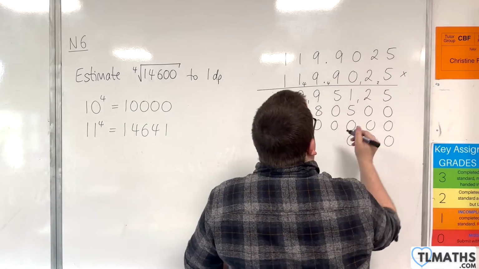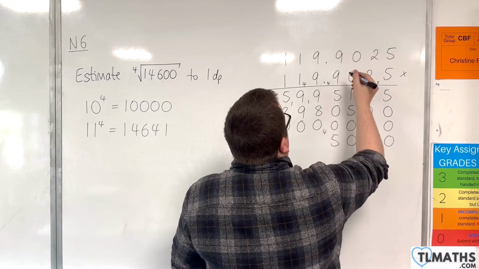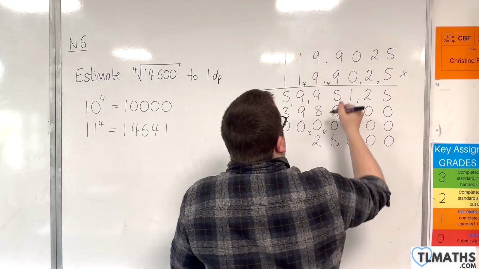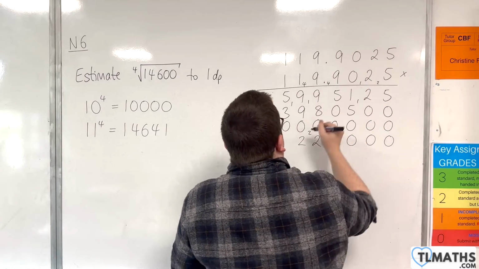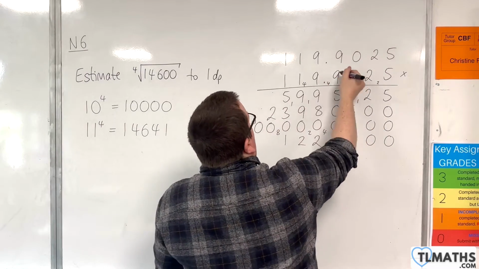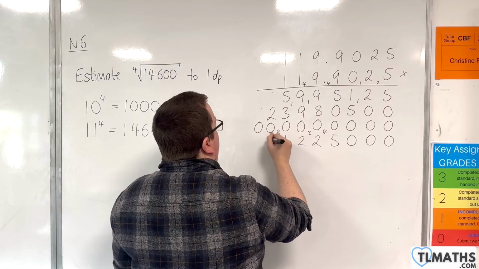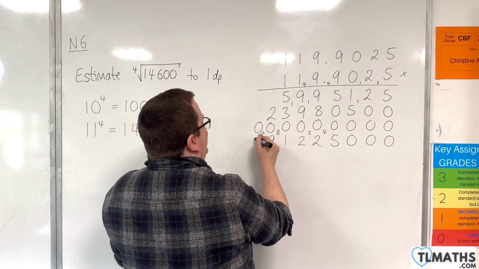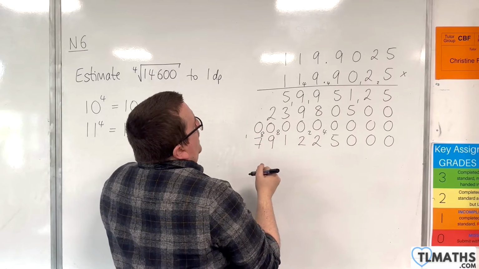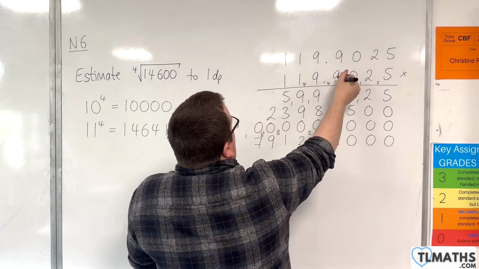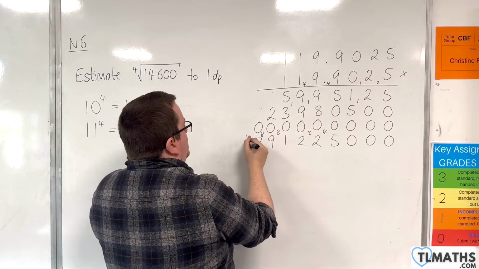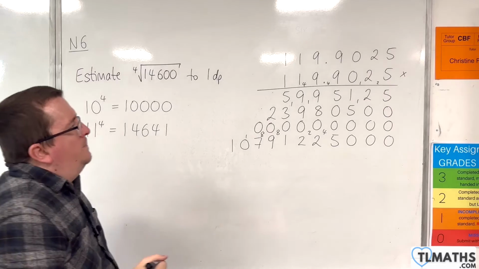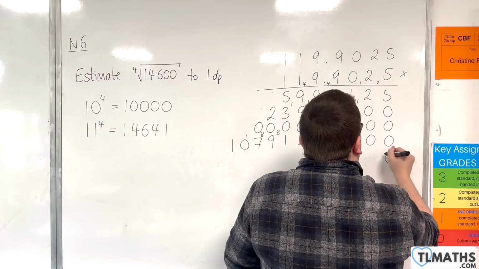So 9 times 5 is 45. 9 times 2 is 18, plus the 2 is 22. 9 times 0 plus the 2. 9 times 9 is 81. 9 times 9 is 81, plus the 8 is 89. 9 times 1 plus the 8 is 17. Then we've got 9 times 1 plus the 1, so that's 10. Okay. Right, now we need to bring in 4 zeros.